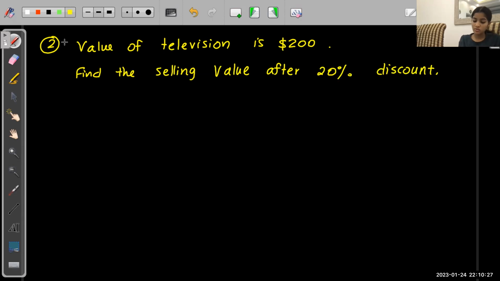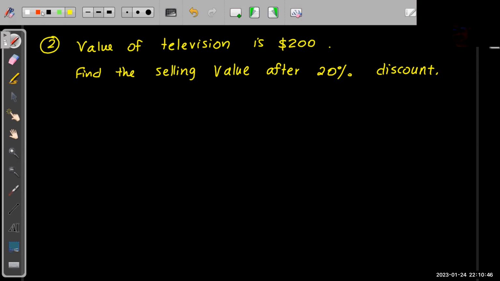Okay, so for that one, it's 0.20, then what I did here was I times it by 200. Shall I show you how to do it? Value of television set is 200. Selling value after discount.